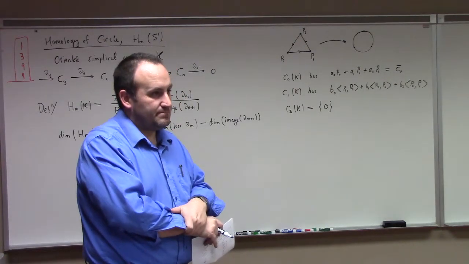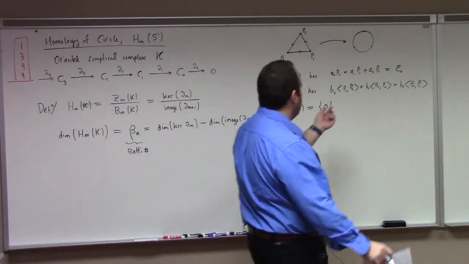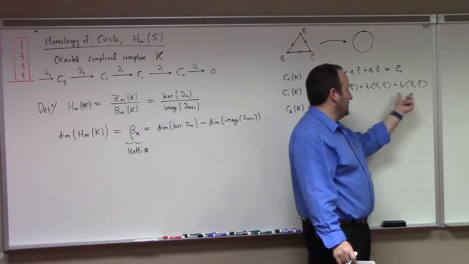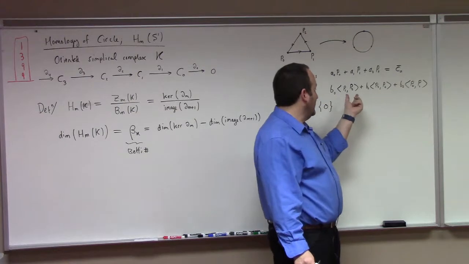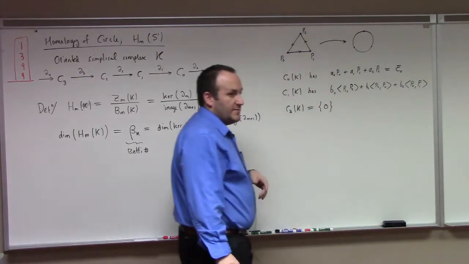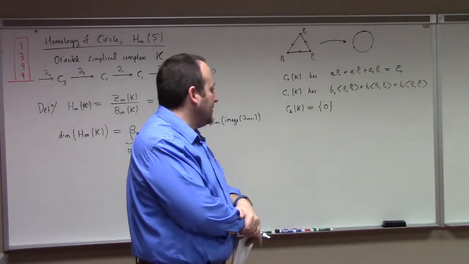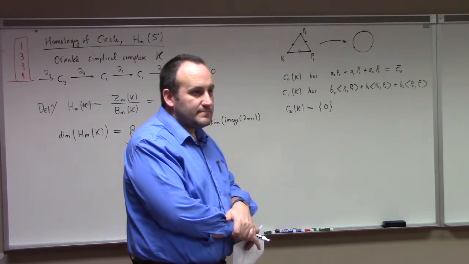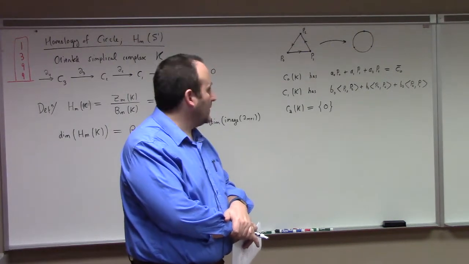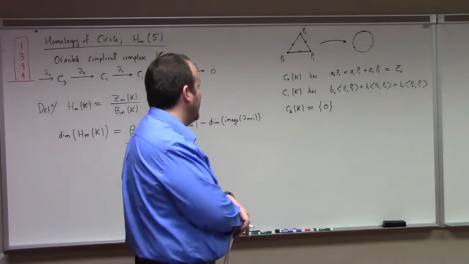And there's no linear dependence amongst these one simplices. There's no way I could build any one of these line segments from the others. So we think of those as a basis, and this is a three-dimensional space. How many dimensions did you say? Three-dimensional, because it's got those three independent points.